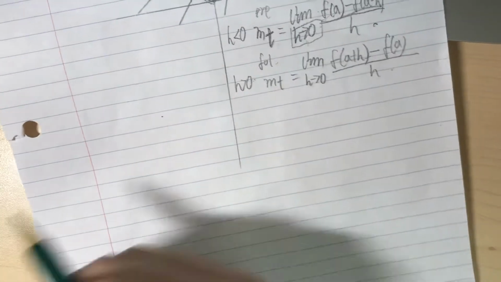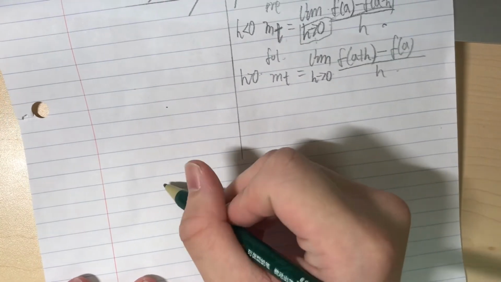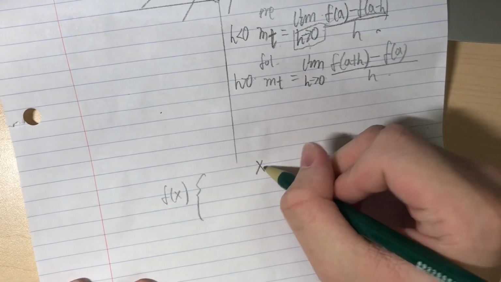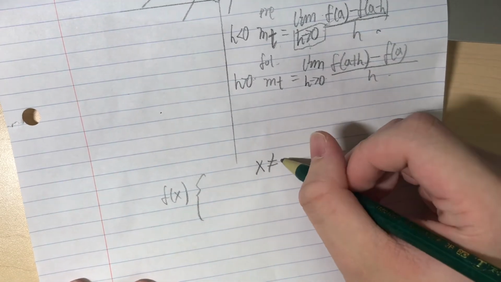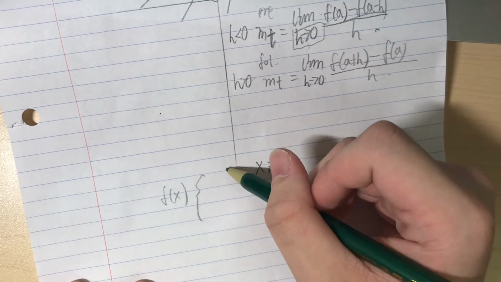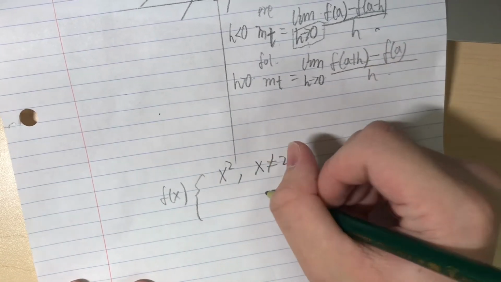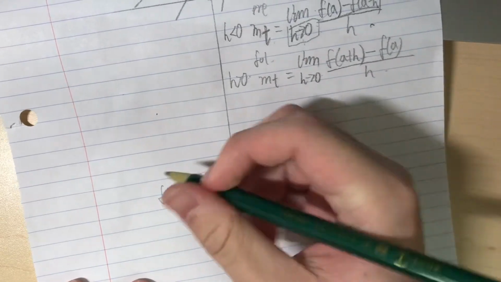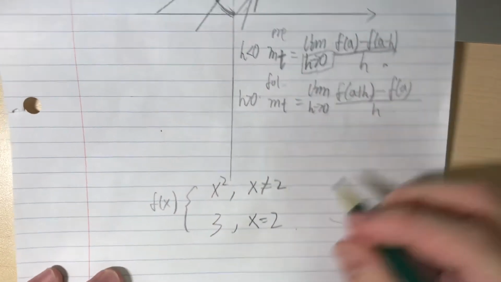In the second part, I choose the first question, which is f(x) when x is not equal to 2, f(x) should be equal to x squared, and when x is equal to 2, f(x) should be equal to 3.